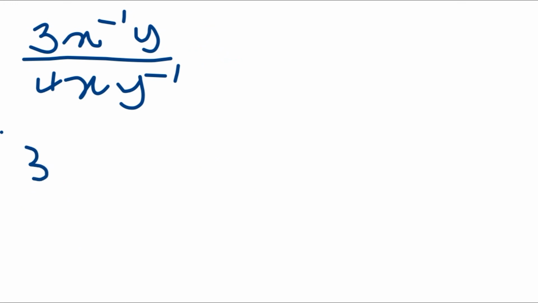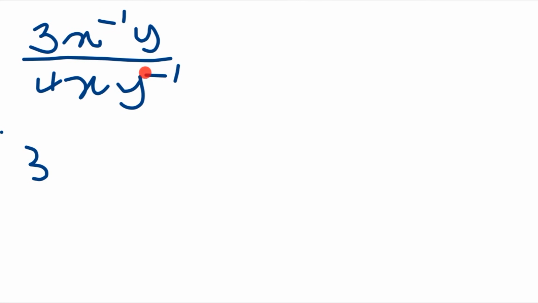Now the x is negative, so it will come down and sit on the denominator, and the y is negative also, so it will come up and sit on the numerator.